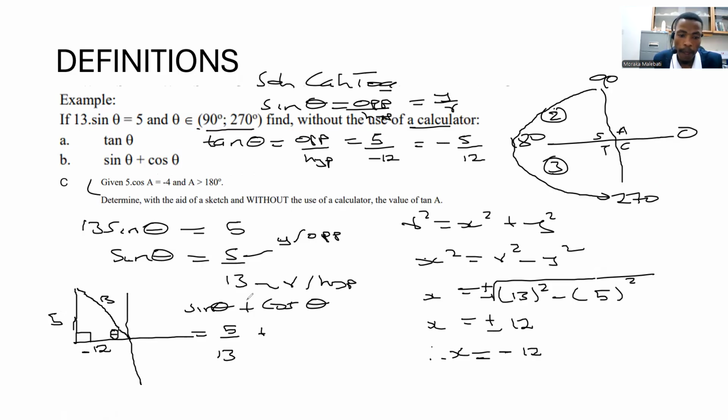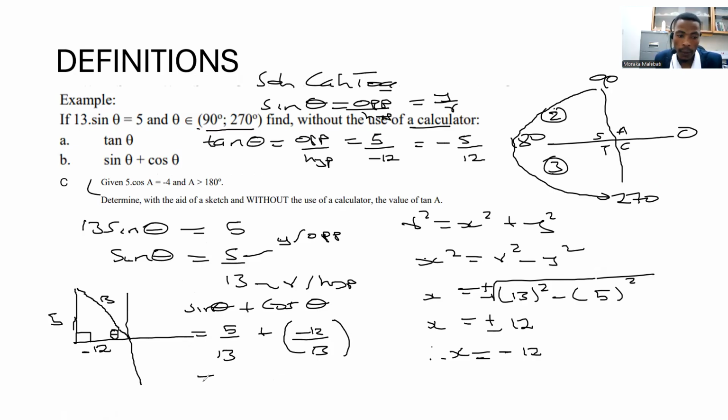Plus what is the cosine? Cosine is adjacent over hypotenuse, which is minus 12 over 13.